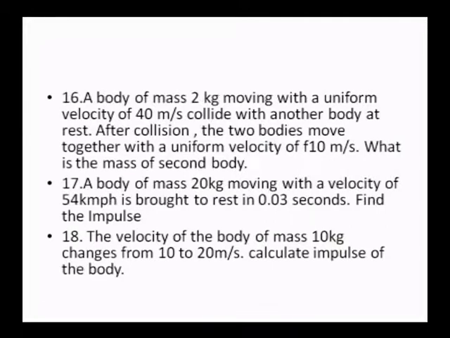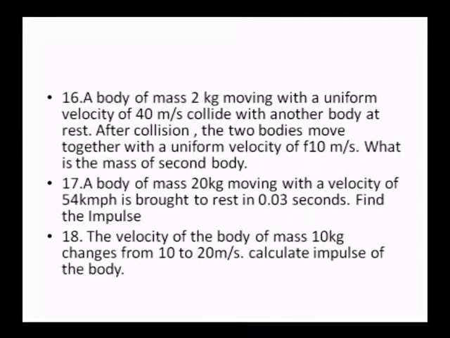There is a body whose mass is 2 kg moving with a uniform velocity. Call them two bodies, body 1 and body 2. The mass of the first is m1 and the mass of the second is m2.